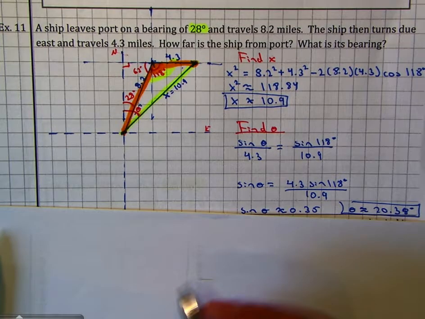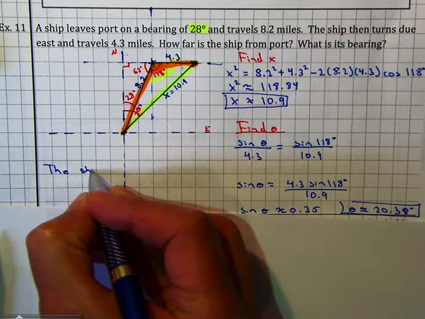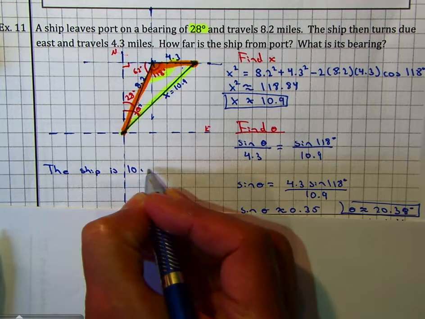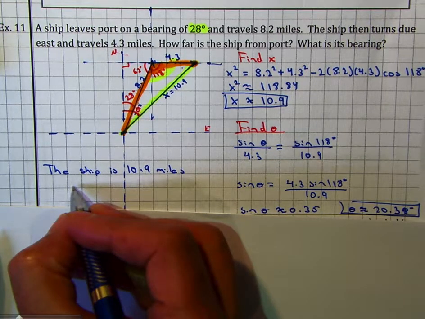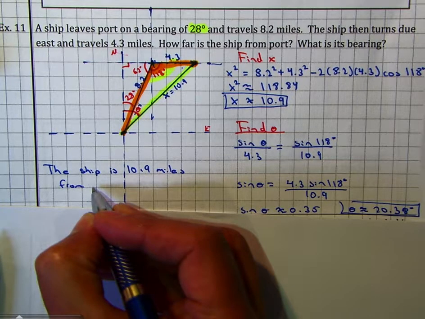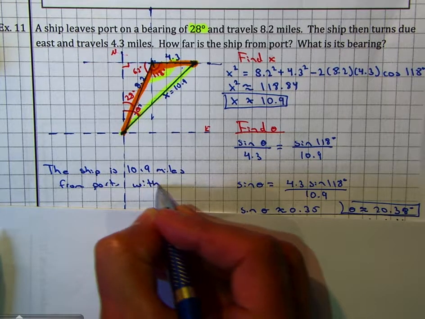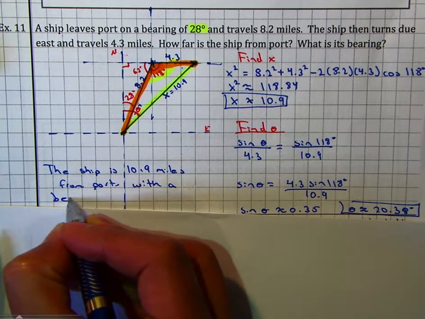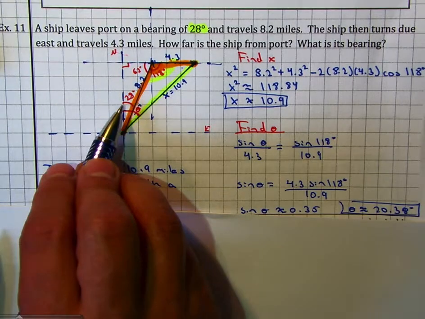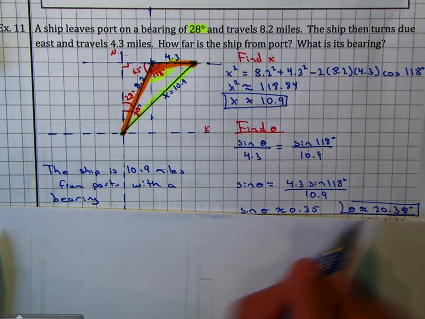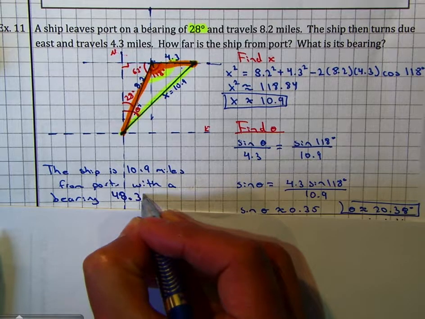So therefore the bearing, so the ship is 10.9 miles from port with a bearing now of 28 plus 20.38, which is 48.38 degrees.